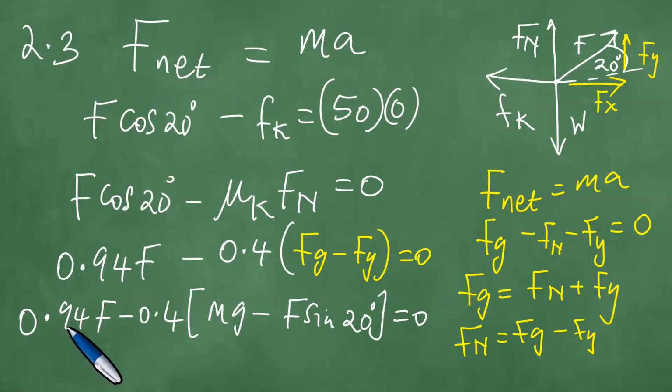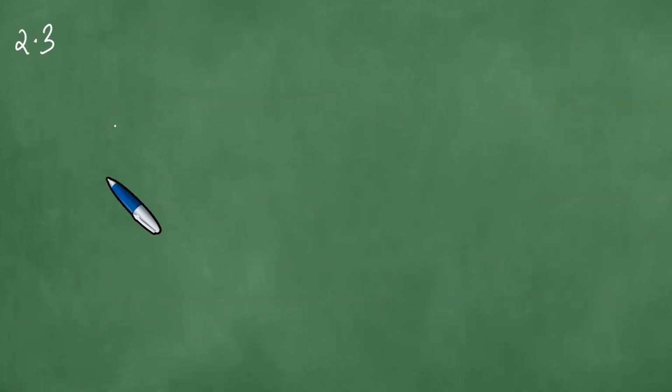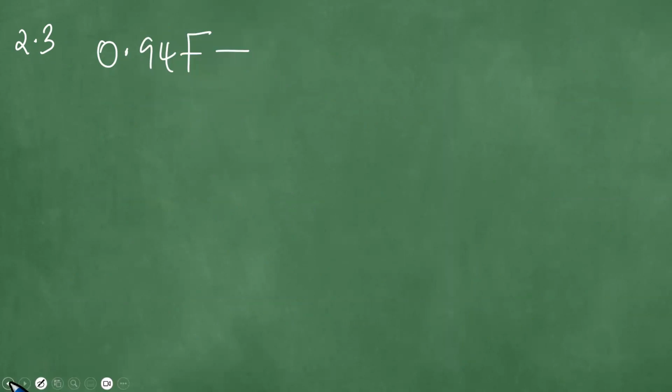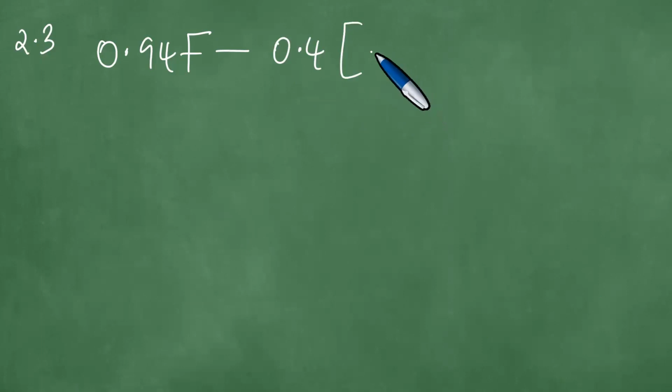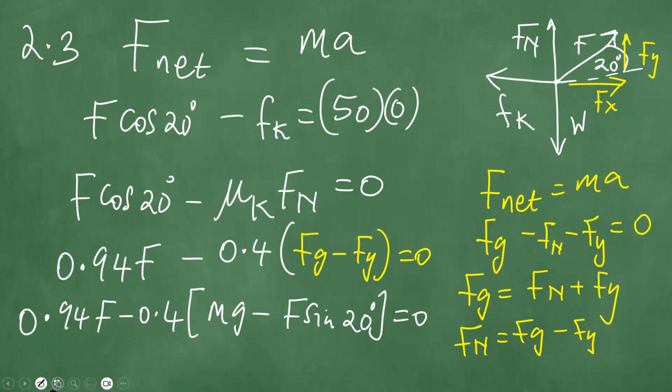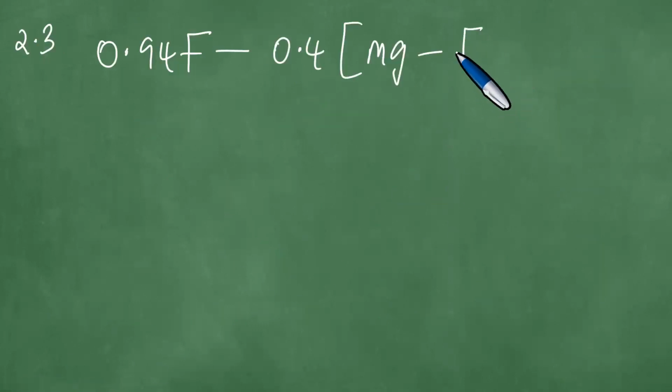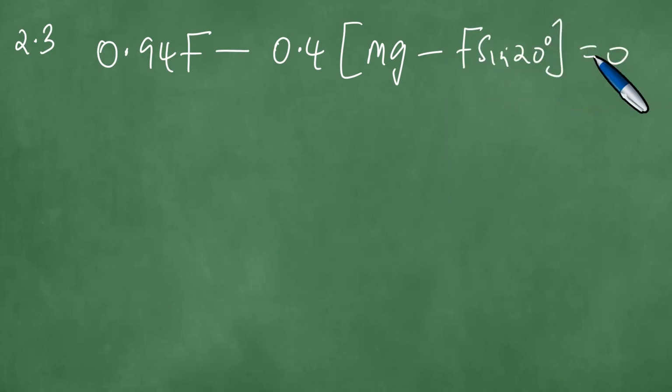So, which means that we have 0.94 F minus 0.4 mg minus F sine 20, which is 0.